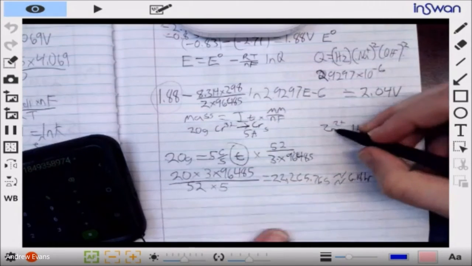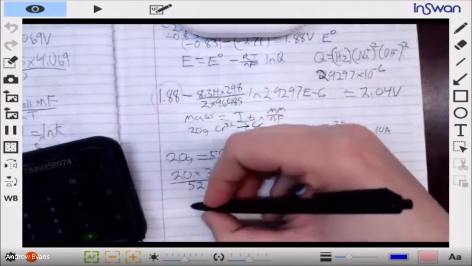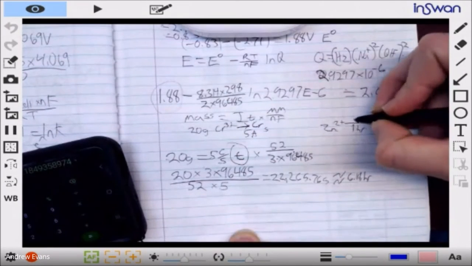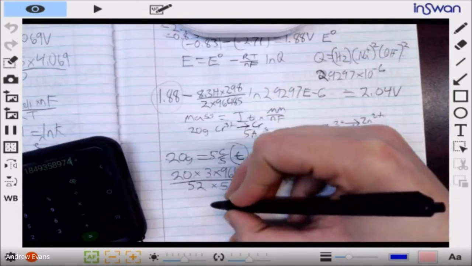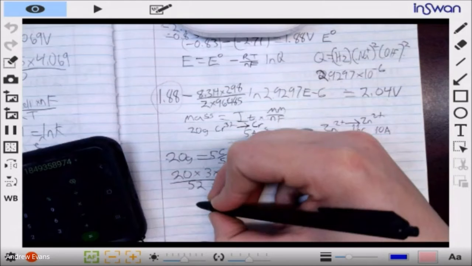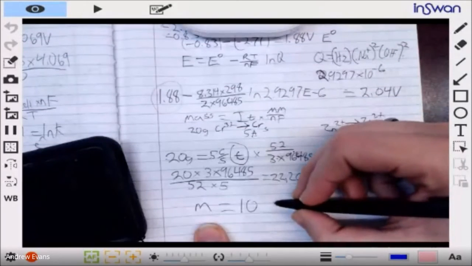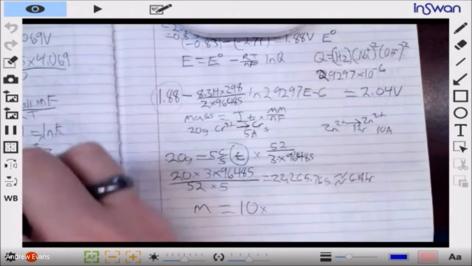Now for zinc, how much could be electroplated in 1 hour? So zinc, we're going to use zinc 2 plus. So let's look at that. We're looking for the mass. 10 coulombs per second.